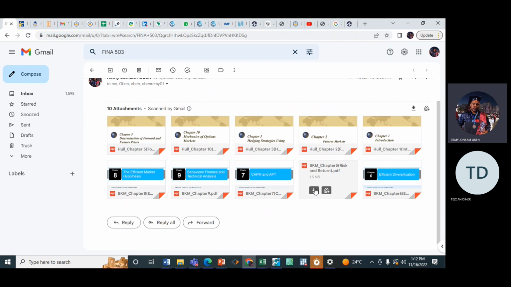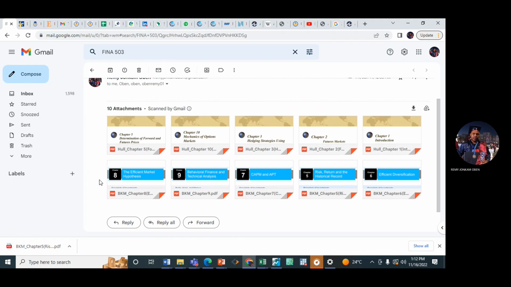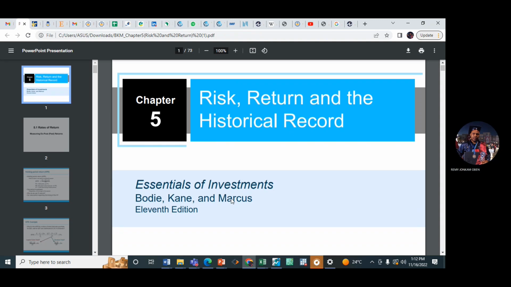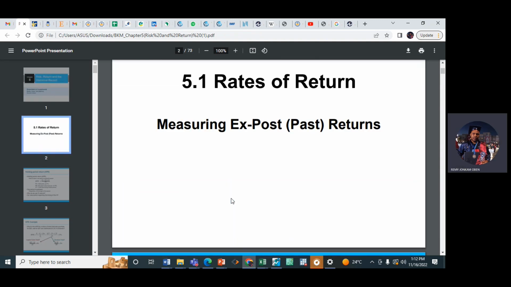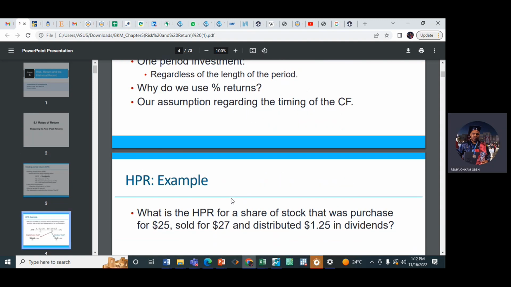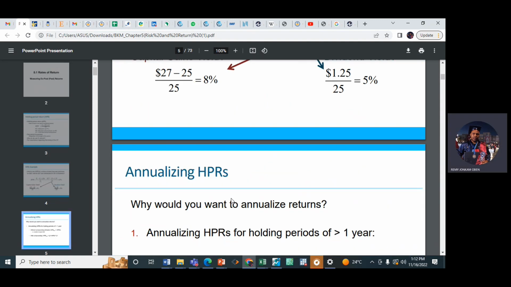Yes, let me just check, one minute, please. Why is it not downloading? Is this the first chapter you did? 503? Okay. It's quite long. Holding period return, blah, blah, blah.